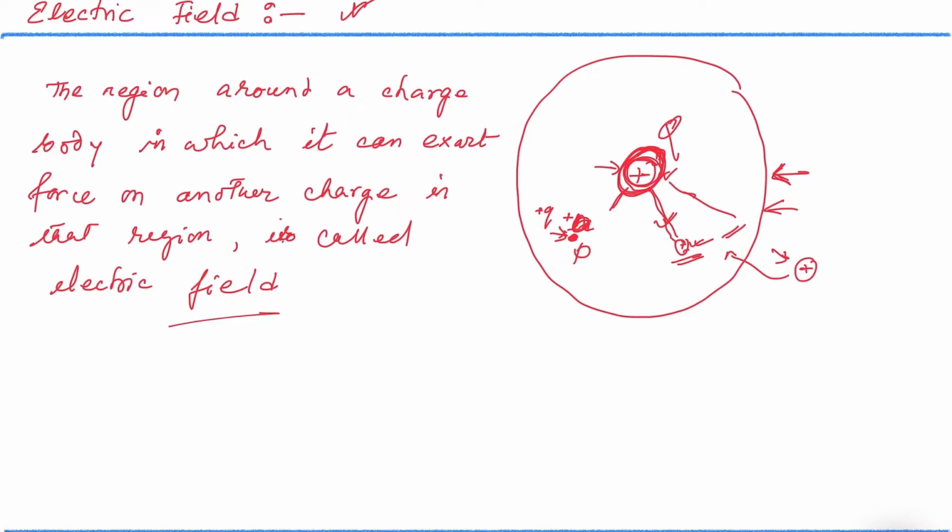The force on this small q charge due to the capital Q charge will be given by Coulomb's law: F equals 1 by 4 pi epsilon naught, capital Q small q, and if the distance between these two charges is r, then divided by r square, r cap.